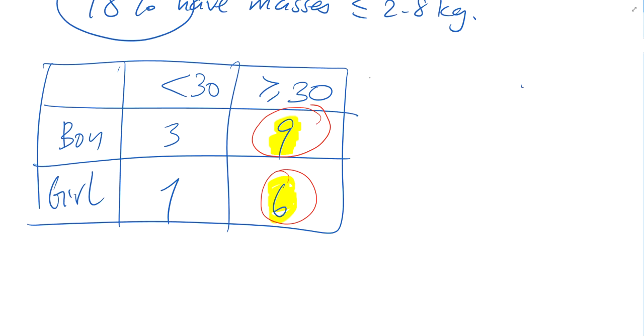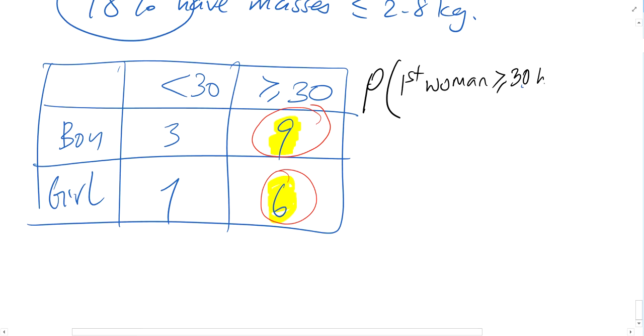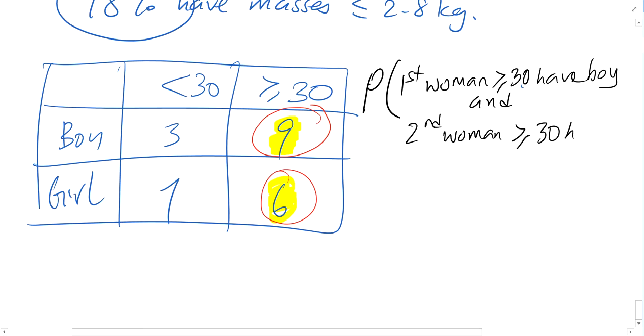So probability, first woman more than or equal to 30 have boy, and second woman more than or equal to 30 have girl. Okay, what is this probability? Start with the first one. Over 30 and have a boy. So that would be 9 over total number of women will be 50.